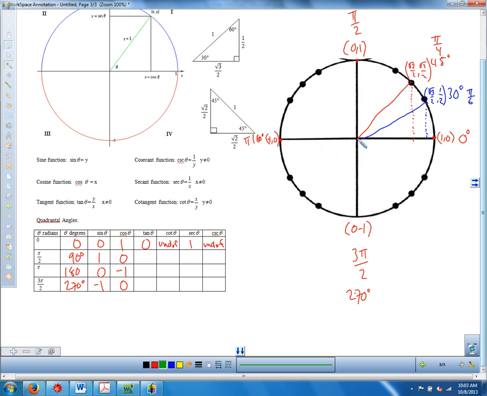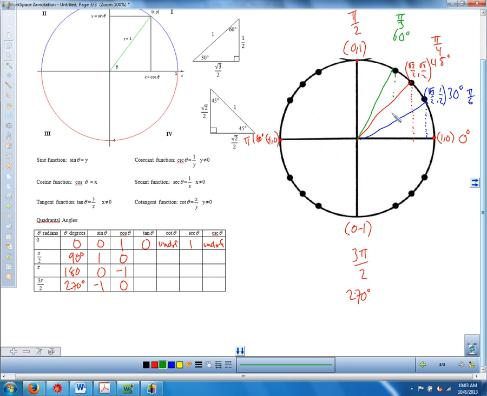Let's do one more in the first quadrant in green. What would that angle be? That's our 60-degree angle. We're building these all with special right triangles. And in radians, pi over 3.